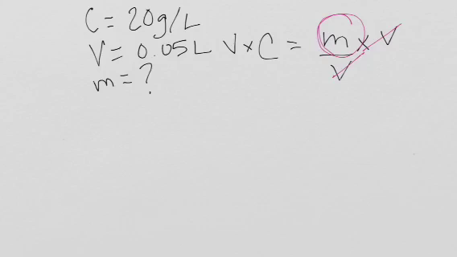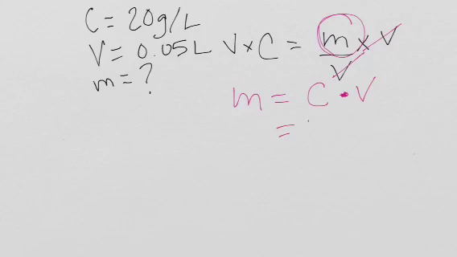It's going to get harder, and you've got to be good at rearranging these formulas. So the formula for m is C multiplied by V. Do we have our C? Do we have our V? Well, we can solve this. Now you put your numbers in.